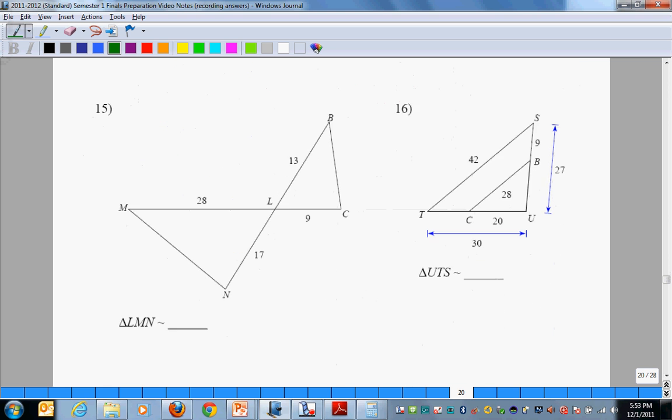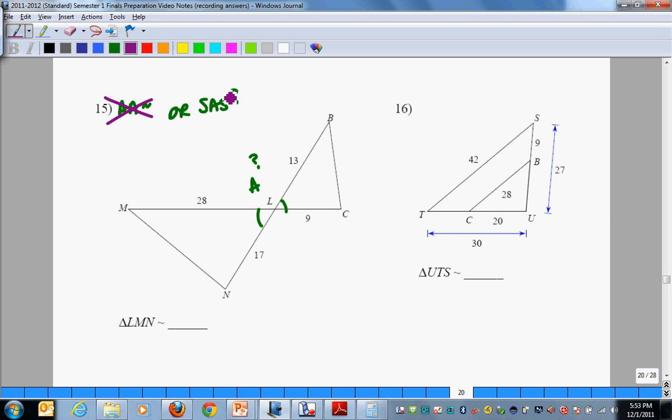Checking for 15. We're going to check the ratios. Well, we do have a pair of angles congruent, so that might be a possibility, which means we might have angle-angle similarity or side-angle-side similarity. Well, we don't have any parallel lines or overlapping angles, so it's definitely not angle-angle.